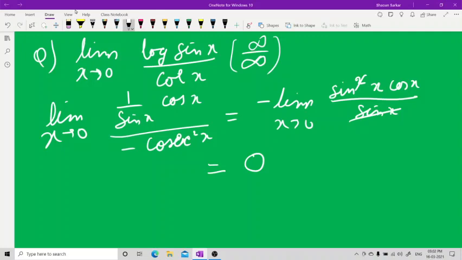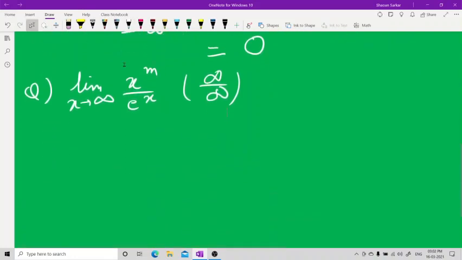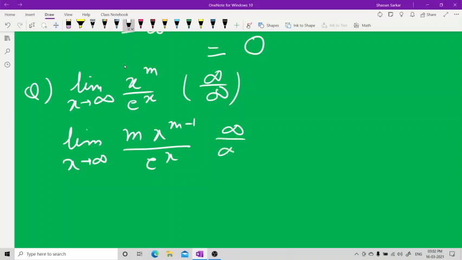Now again, let us do another one. Question is, limit x tending to infinity of x to the power of m upon e to the power of x. Now this is again infinity by infinity form. Now you have to use L'Hopital rule. Limit x tending to infinity, m x to the power of m minus 1 upon e to the power of x, infinity by infinity.